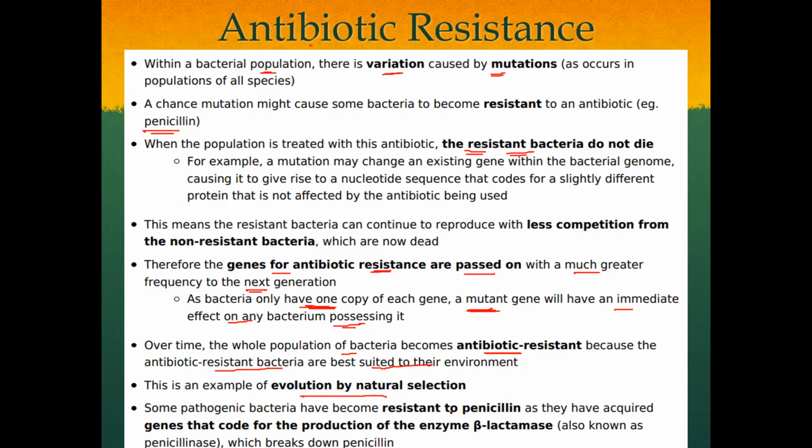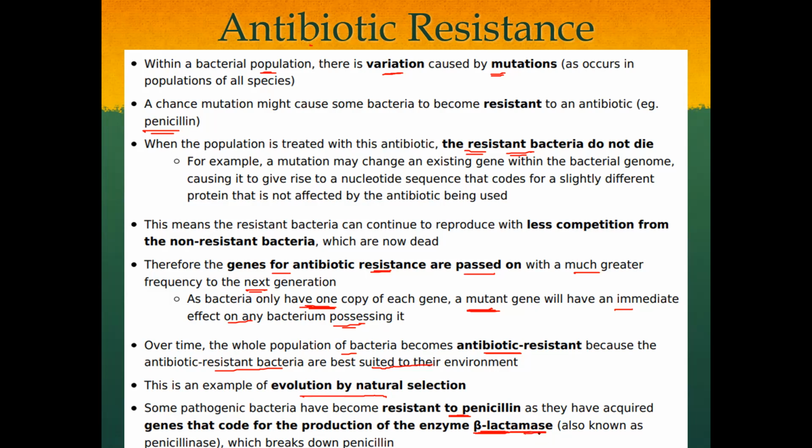Some pathogenic bacteria have become resistant to penicillin as they have acquired genes that code for the production of an enzyme known as beta lactamase. We also call it penicillinase. Because mutations occurred, a new enzyme started being made there, a protein in nature, beta lactamase.